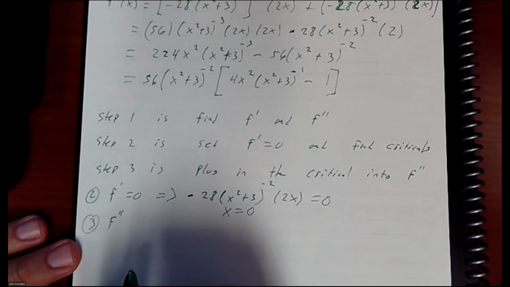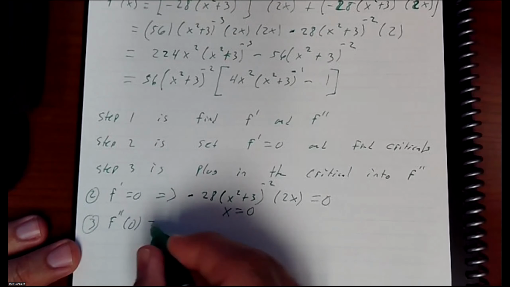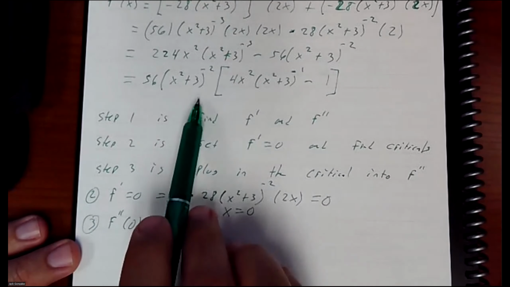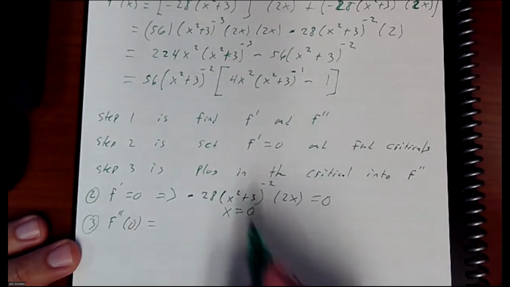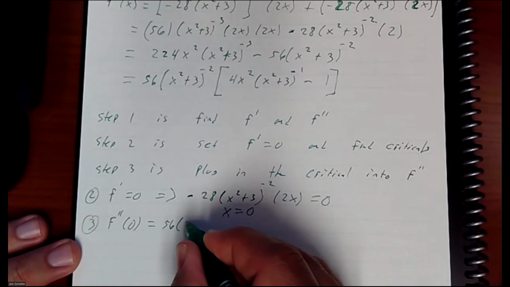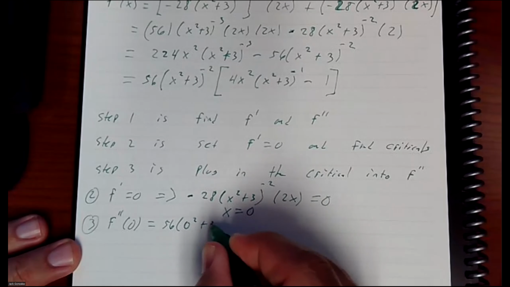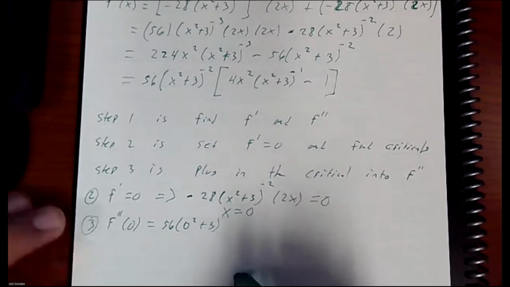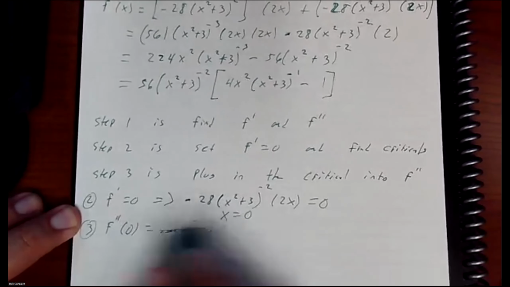So we said on step 3, plug in the critical value, right? This is pretty weird looking. I haven't made it any prettier yet, just because I don't want to, since I'm going to plug in 0 anyway. Let me make some space.